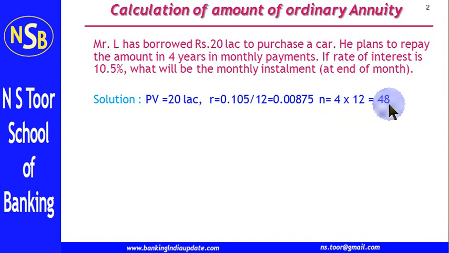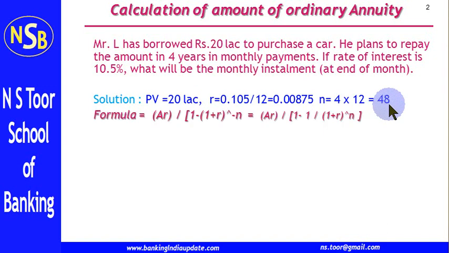Based on this basic information, now we shall use the formula to calculate the amount. So this is the formula. A means the present value, R means the rate of interest, N means the number of time intervals.